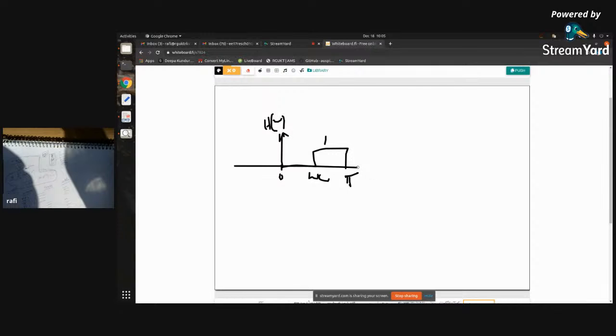This is also a system with h of n as impulse response, and h of omega is nothing but the DTFT of h of n, and if you take x of n as input, y of n is the output.